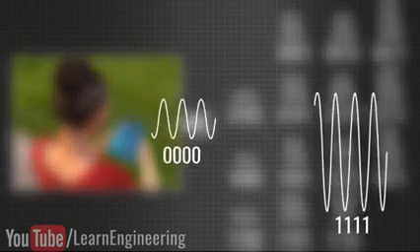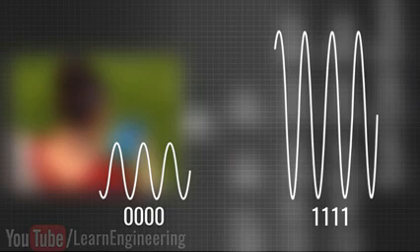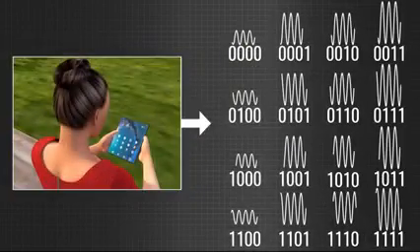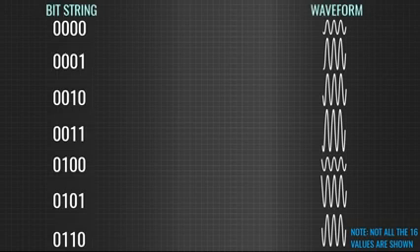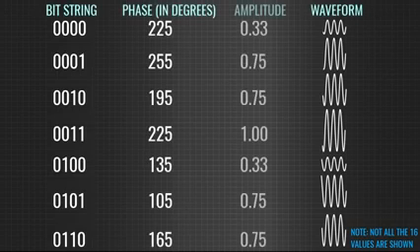Based on the values of the 4 bits, this output will have different phase angles and amplitude. This means the phase angle and amplitude of the multiplexed signal can completely represent 4 bits of data. In 16 QAM, such 16 bit values can be represented by adjusting the phase and amplitude of the multiplexed signal.